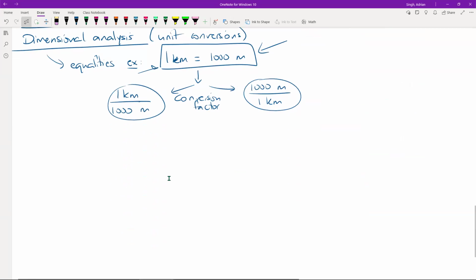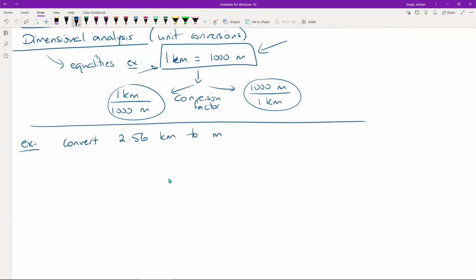Okay, let's take a look at an example. Let's say you want to convert 2.56 kilometers to meters. Okay, this first one, you may be able to do in your head, a one-step process, but I want to show you how we use dimensional analysis to set this up.